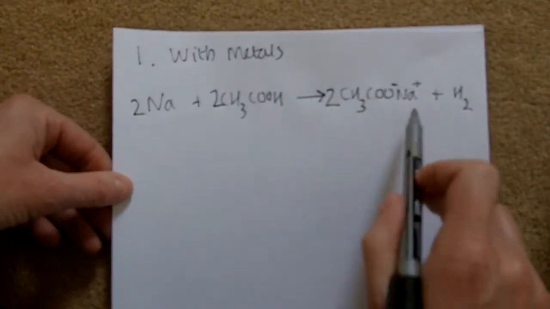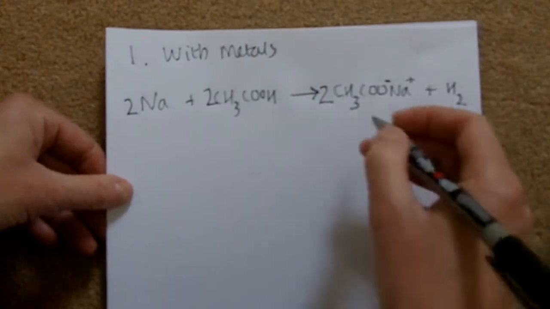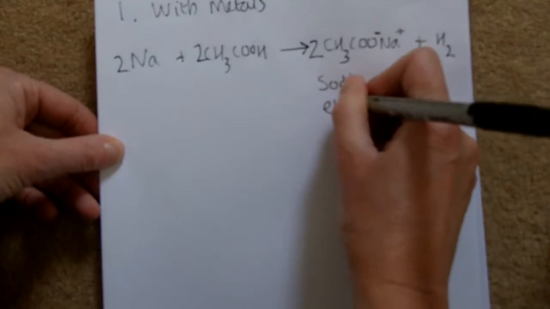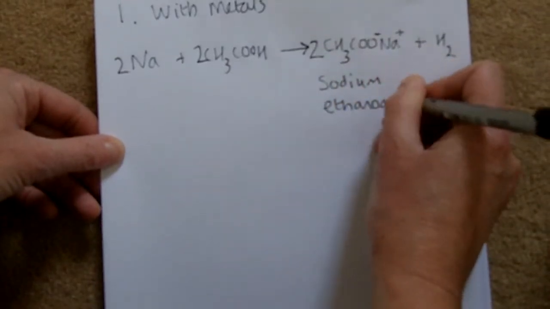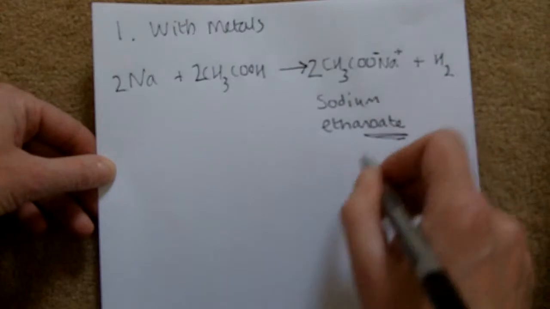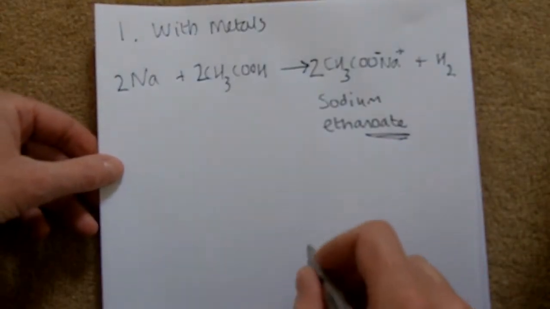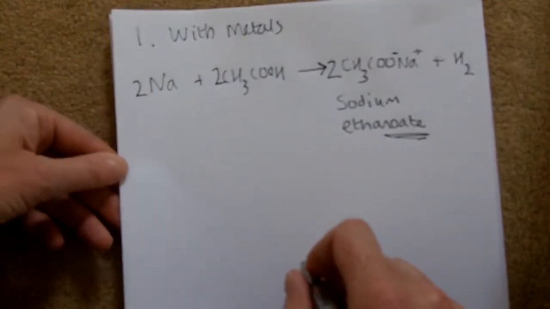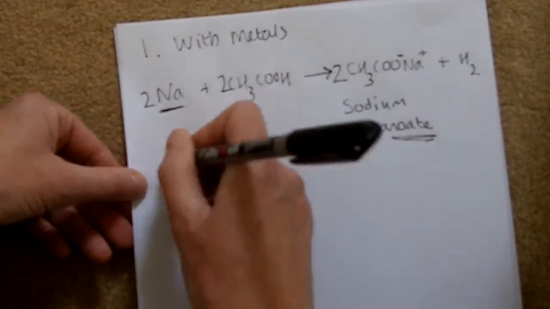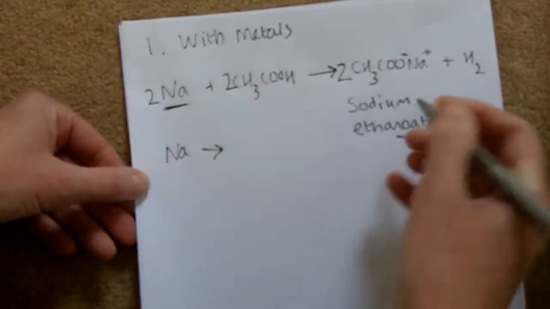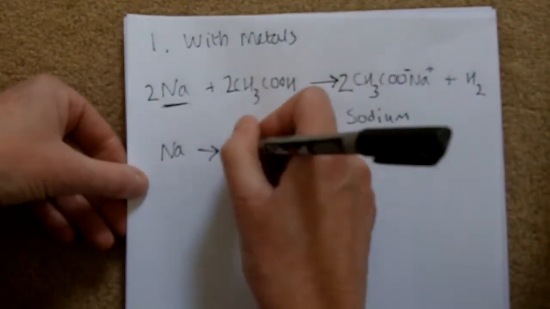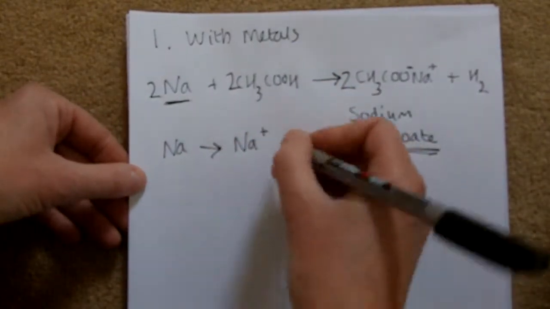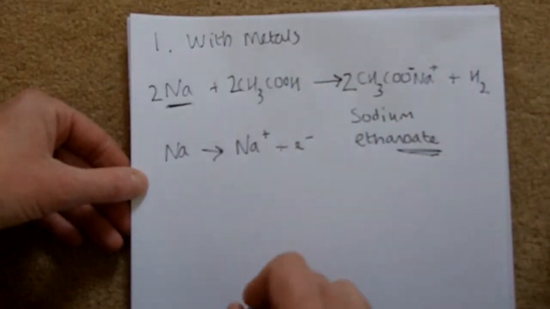This salt here is named a bit like an ester. It's called sodium ethanoate. That's how you name the carboxylate salt. Okay, what type of reaction is this? Well, the sodium is becoming sodium ion, so it is losing an electron.